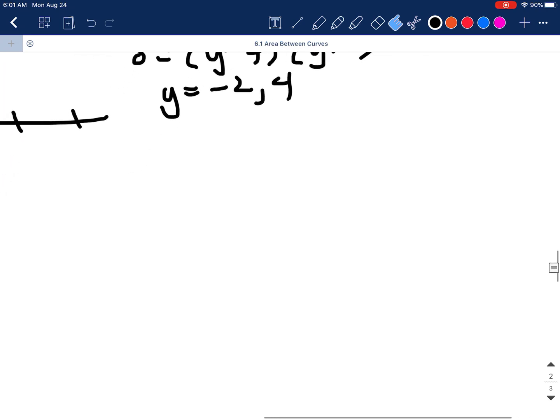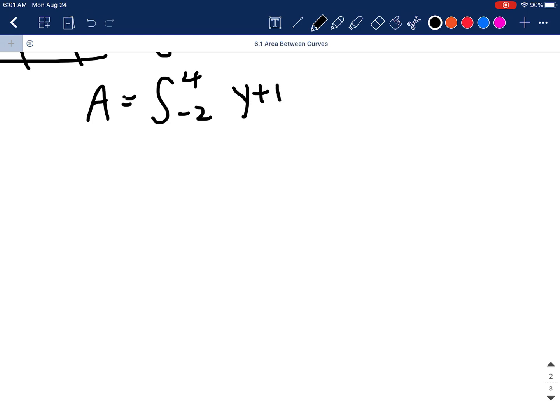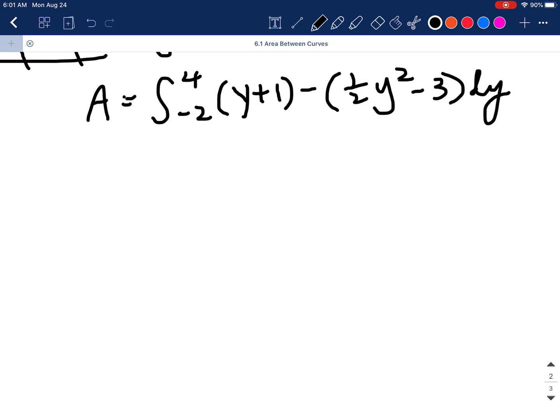All right, so let's go ahead and set up our integral here. So we've got the area is equal to the integral from -2 to 4. The right function is the line, which is y plus 1, minus the left function, which is 1/2 y squared minus 3.